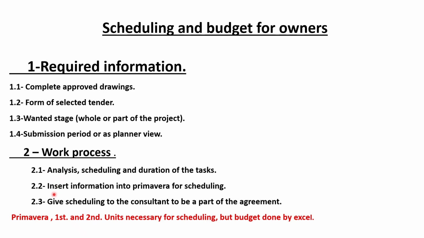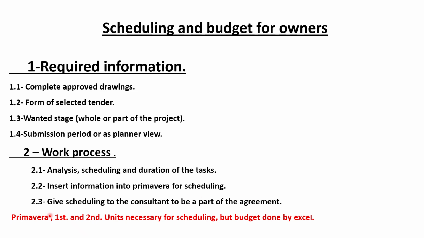This information is inserted into Primavera for scheduling, to differentiate which is the critical path and critical tasks and so on. And some tasks have float and do not affect the end of the project.